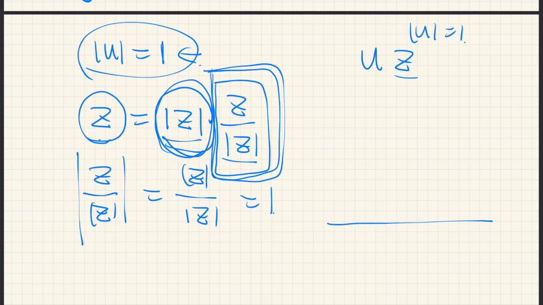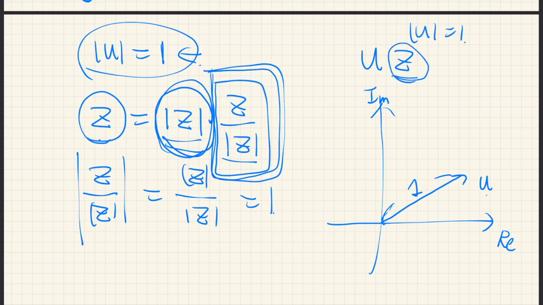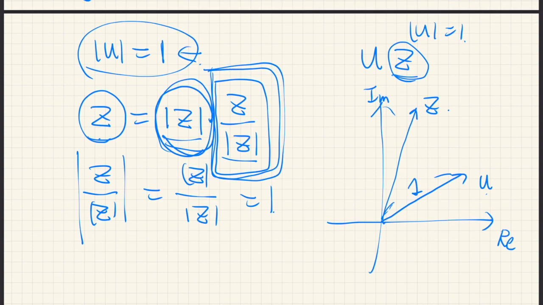So again on the complex plane, if we have complex number u, and the length of this arrow is 1, of course the length means the absolute value of u, and another complex number z, if we multiply these two complex numbers, what we have is something like this.